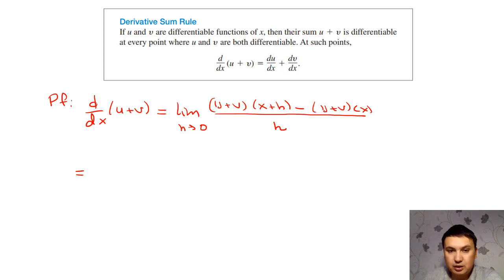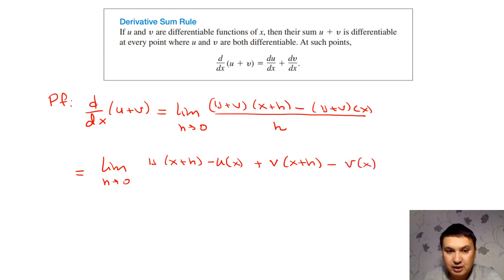Now we know that u plus v of x is u of x plus v of x, so we can write them separately. So this becomes the limit as h goes to 0. I can write it as u of x plus h minus, I can take out u of x, plus v of x plus h, and from the second term I have minus v of x.